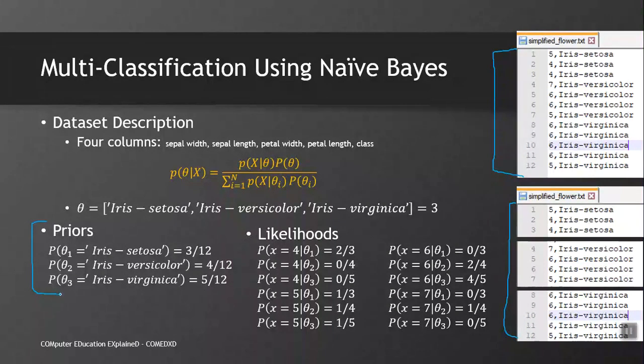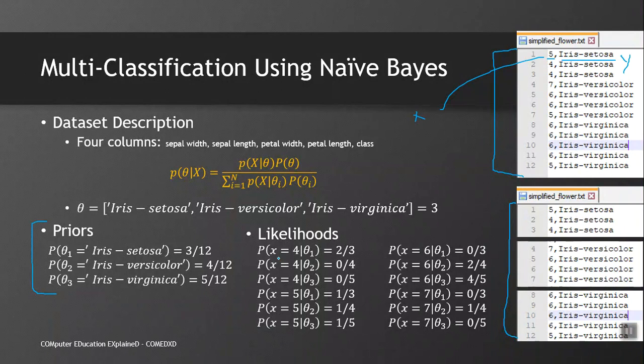And now, we come to the likelihoods. Here you can see that the probability of x is 4. Now, this is our x, the first feature, and this is our class, our target, which we can denote as y.